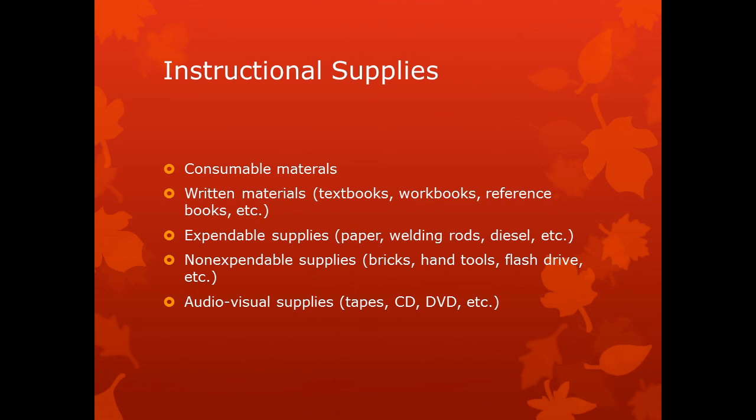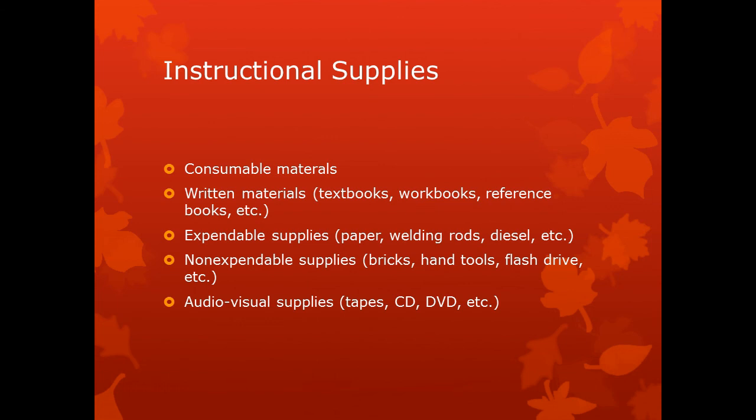Hand tools, especially power tools like drills and things like that. Those things work real well, but after a while they get dirty, they get misused and abused, and they break. And so we go back and buy them again. Flash drives, things like that. And then finally, the last category is audiovisual supplies like tapes, CDs, DVDs. We burn one, give it to a student, and then we need another one.